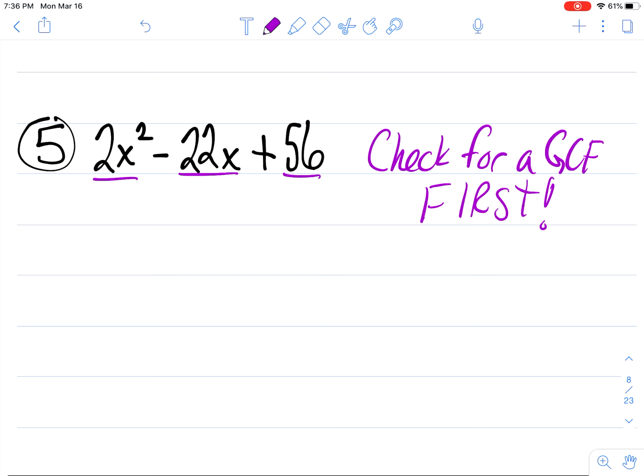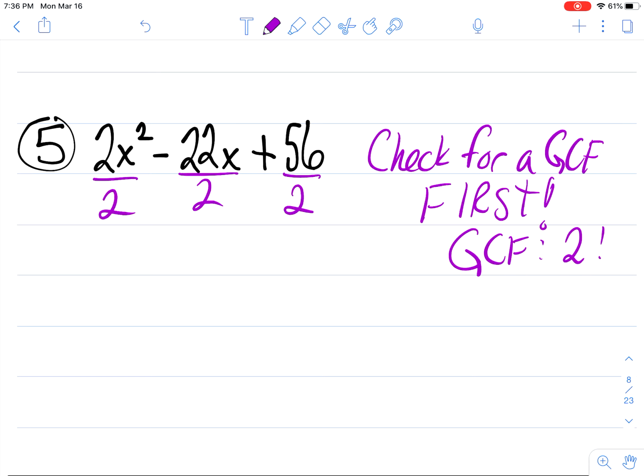And if you check long and hard enough, you should have realized that your GCF is 2. Okay, so I'm going to actually move this over here. And I'm going to divide each one of these terms by the GCF. But here's the thing. I still have to factor what's left over.